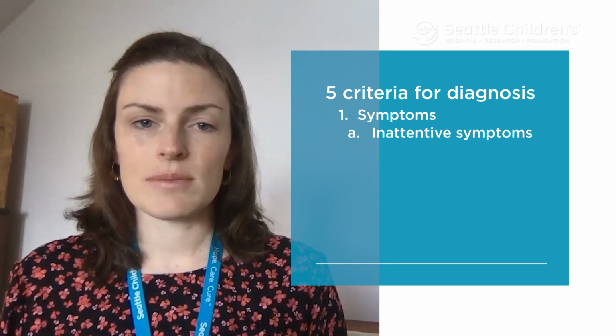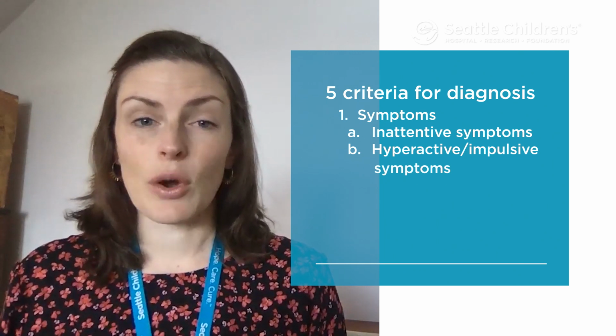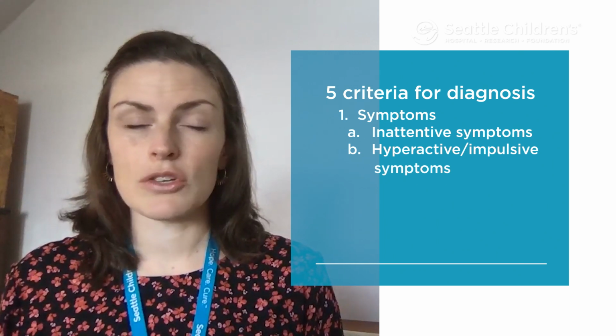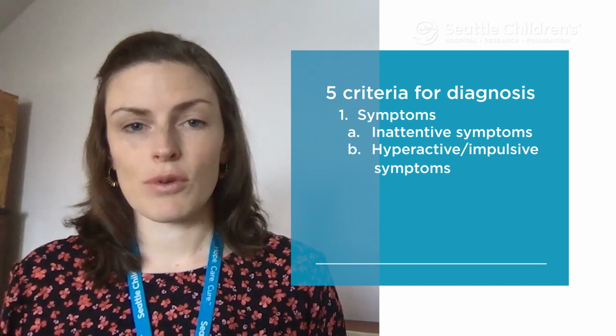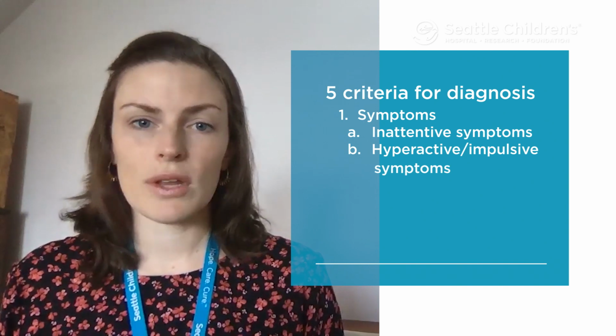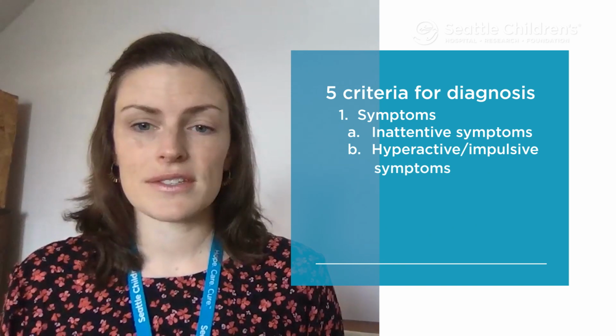The second cluster of symptoms are the hyperactive impulsive symptoms. These are things like having a really high energy level, almost being driven by a motor, or not thinking through before you do things. So blurting out, interrupting, or maybe doing things that are risky without thinking about the consequences.